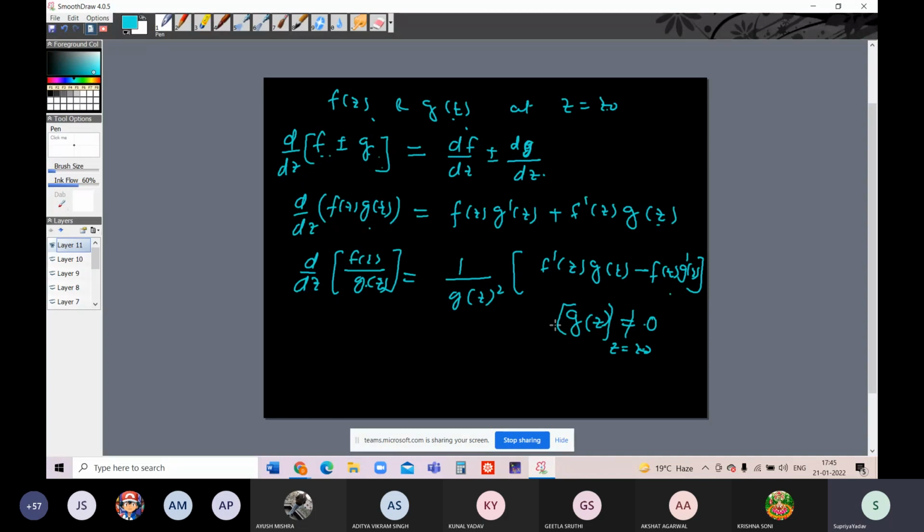At whichever point we are checking differentiability, this denominator should not be equal to 0. Then only we can say that their ratio or quotient will be a differentiable function at that point.